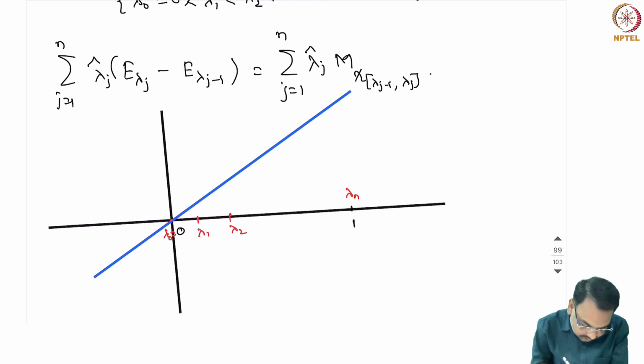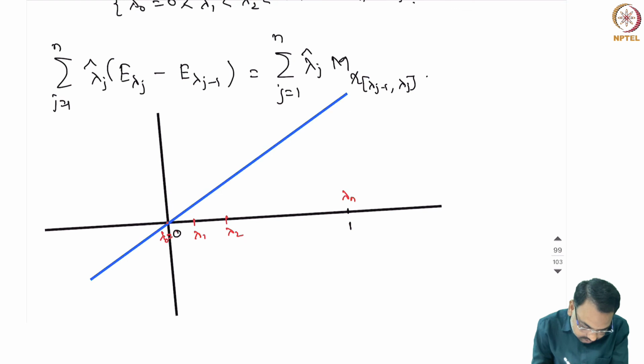In fact, here we can take lambda_0 a little bit less than 0, so here a. So for lambda_1 we get a partition like this, a rectangle like this. For lambda_2, for lambda_n we will get like this.